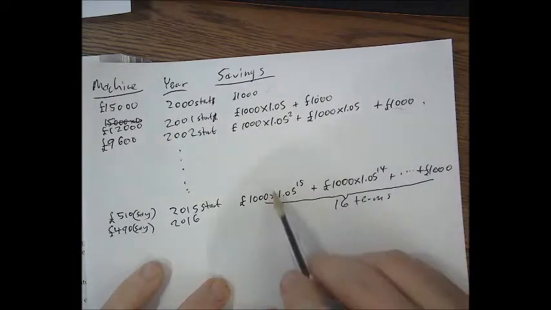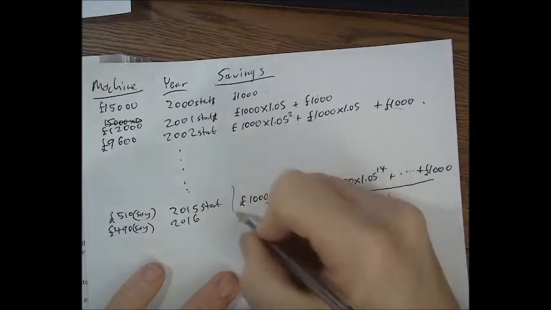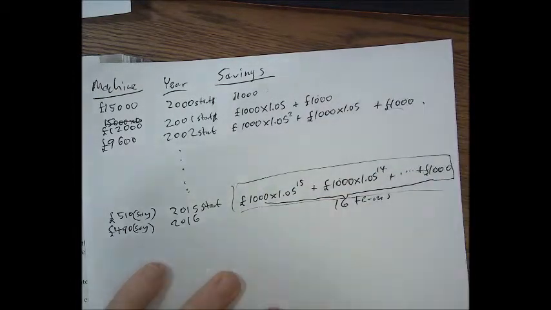So this is the amount on the first day of 2015. It's also the amount on the second last day of 2015. And we already decided that it was going to get replaced during 2015. So this is the amount of the investment.